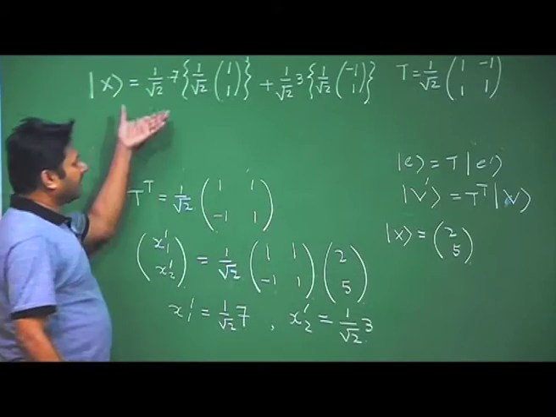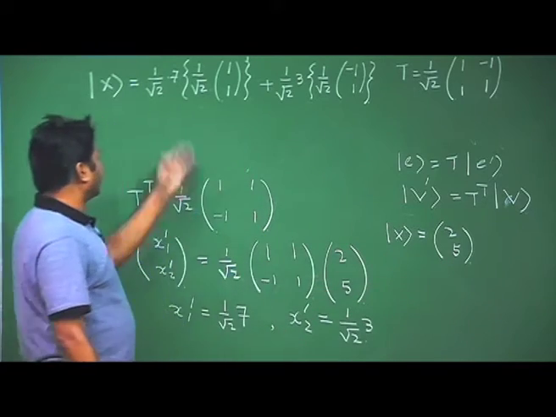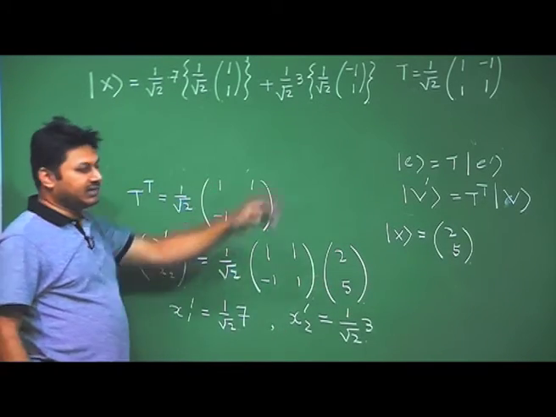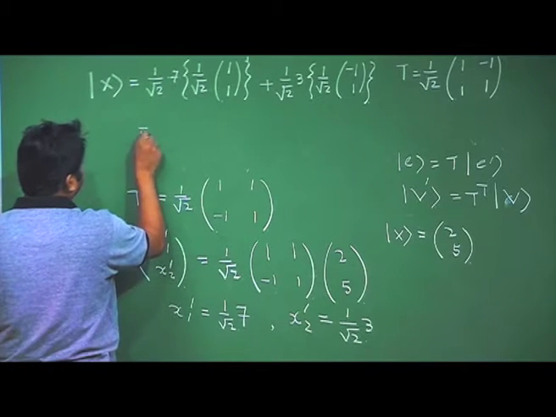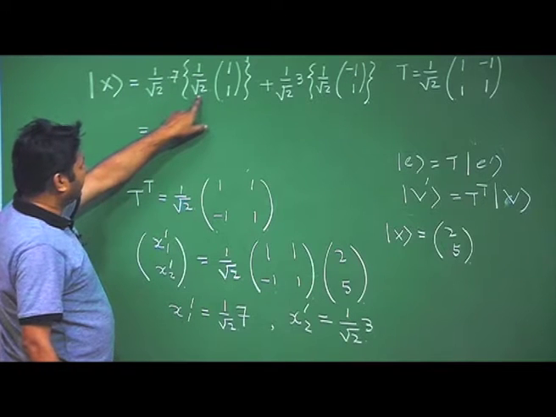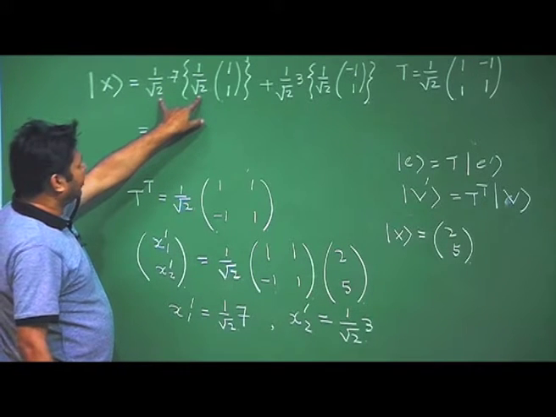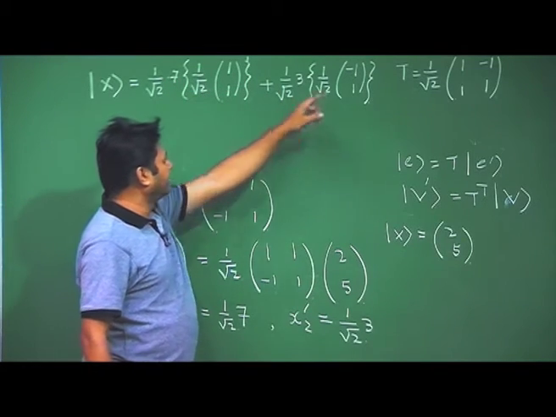Now if I calculate that, I will get back my old matrix 2 5 if these things are correct. So let us check whether this is correct or not. 1 by root 2 times 1 by root 2 will give half. So 7 and minus 3.